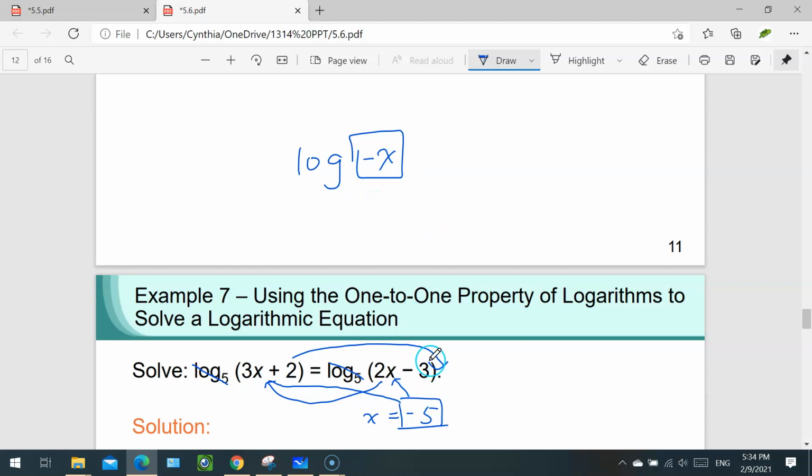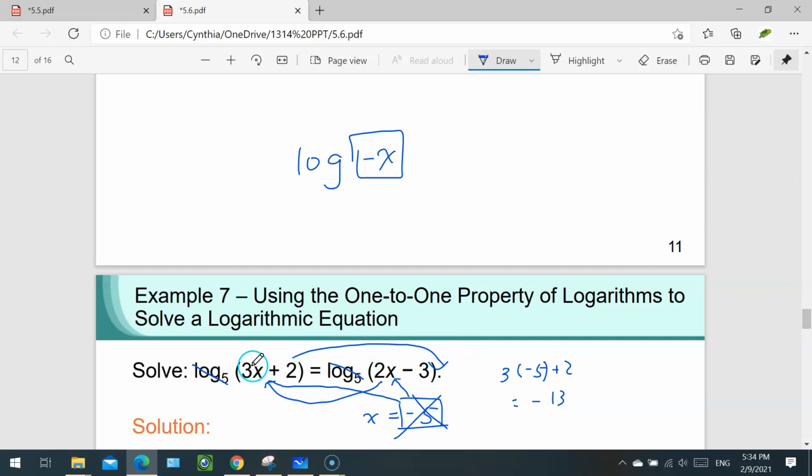Alright, so we have to do the test every time when you solve for the unknown variable with your logarithmic equation. So this -5, when I plug back in here, 3 multiplied by -5 plus 2 gave me -13, which means we cannot take this solution.